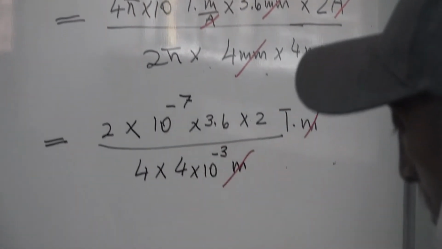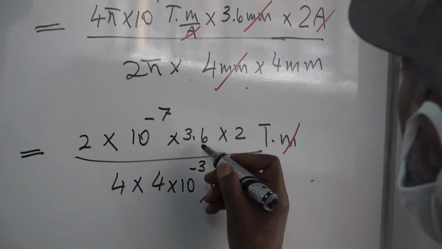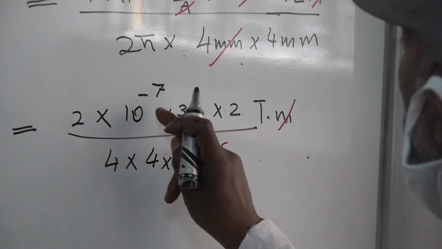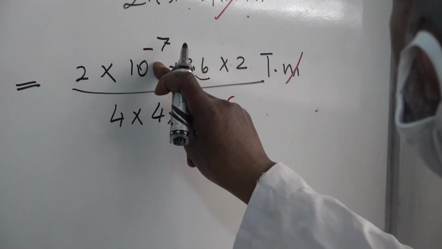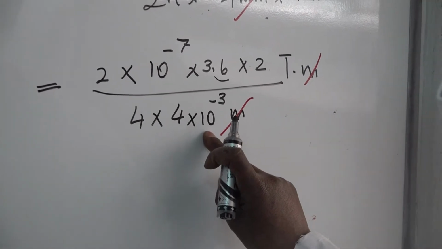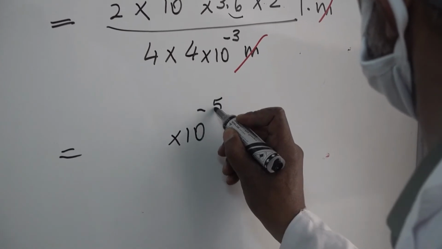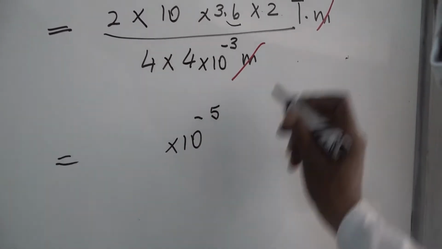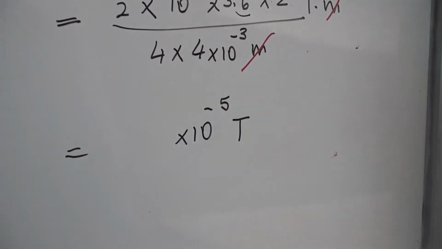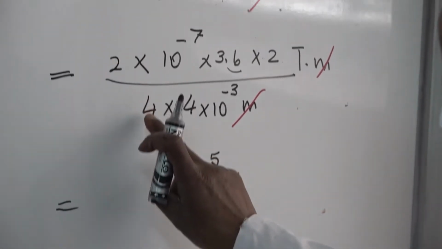So, how much does this result become? I think it's a very simple thing. Remove this decimal point. Along with this one, you get 10 to the power of minus 8. With this 10 to the power of minus 3, you get 10 to the power of minus 5. So I have times 10 to the power of minus 5 Tesla. And by 2, 1, by 2, 2.